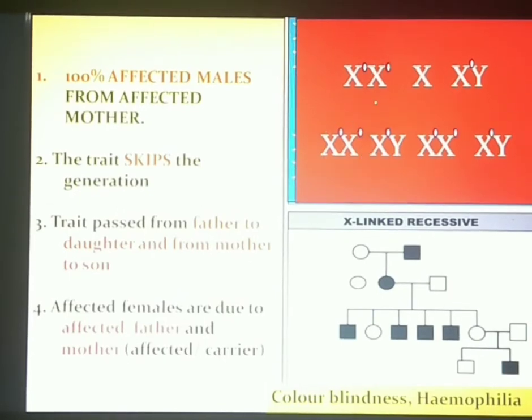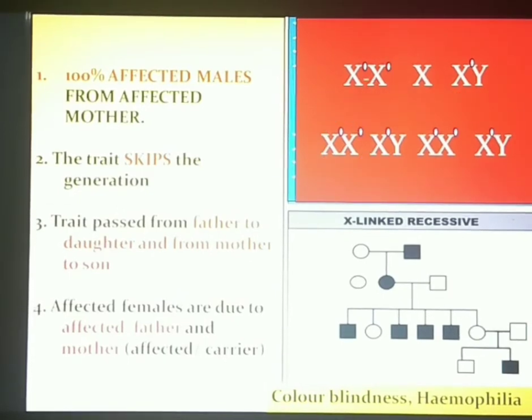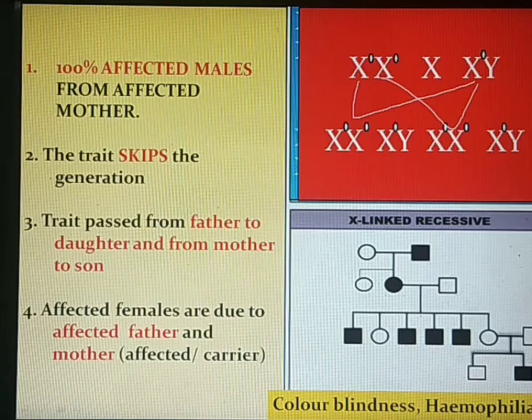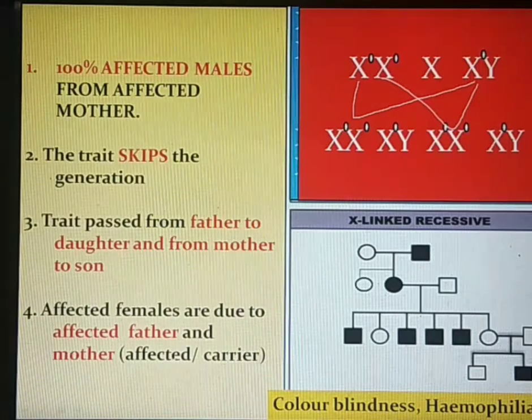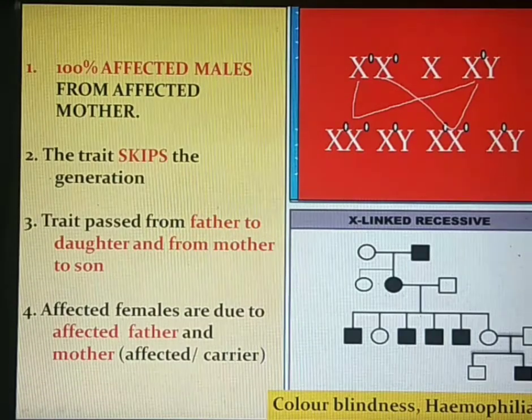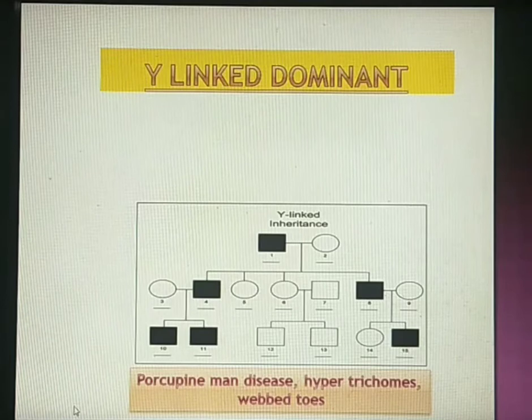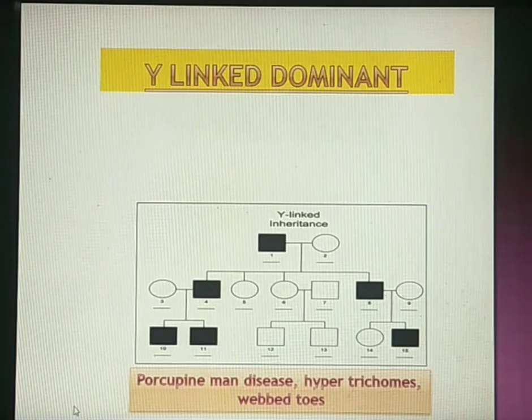Similarly, when the female parent is having the trait on both the X chromosomes and the male parent is also affected with the disease, at that time the females are affected. So these are the rules which we should remember. There are Y-linked diseases too, and that too it is a dominant one.